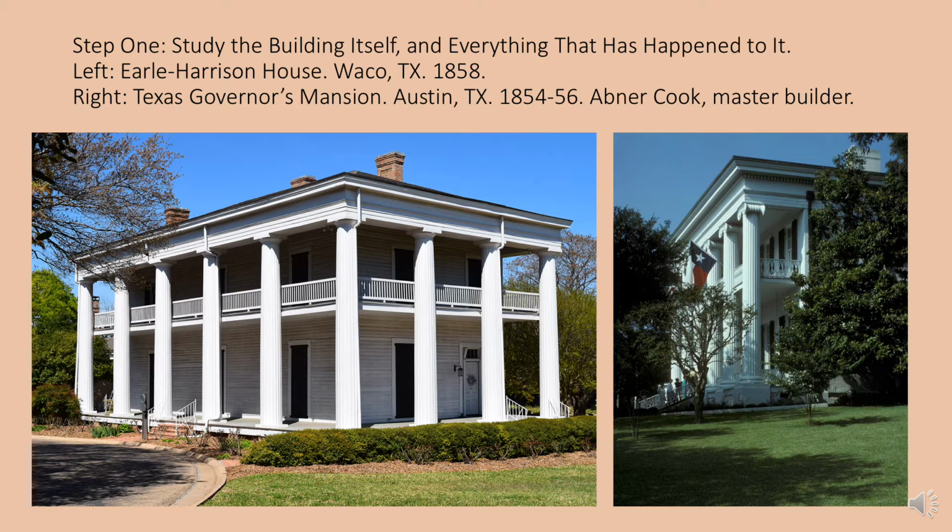Other times, historic houses have catastrophic fires, such as the Texas Governor's Mansion. So all of these things need to be taken into account, but all buildings change over time. And so training your eye to see how they have changed is a very important aspect. And the buildings themselves are critical forms of evidence.